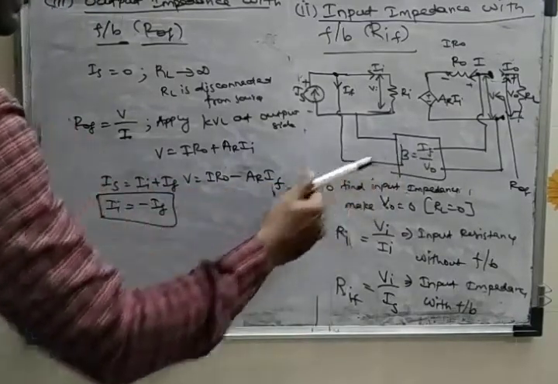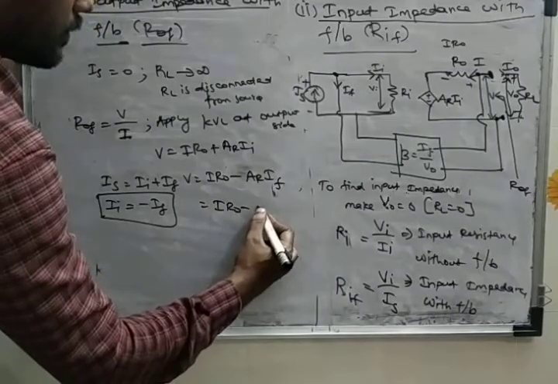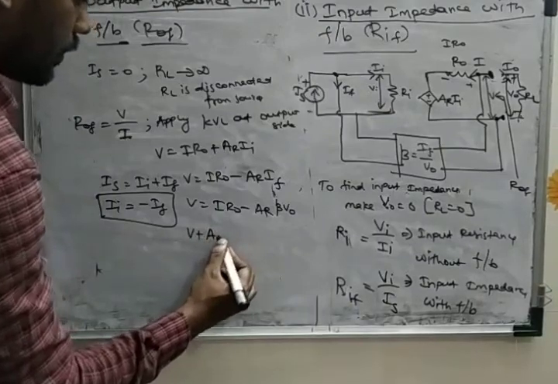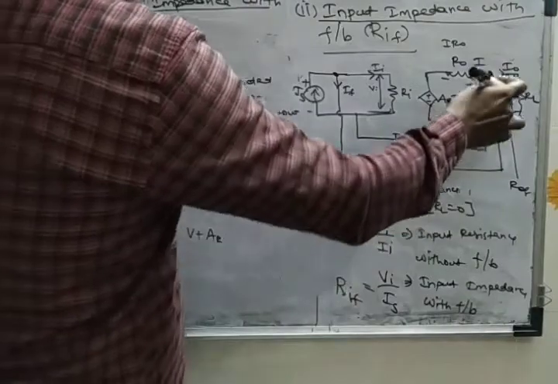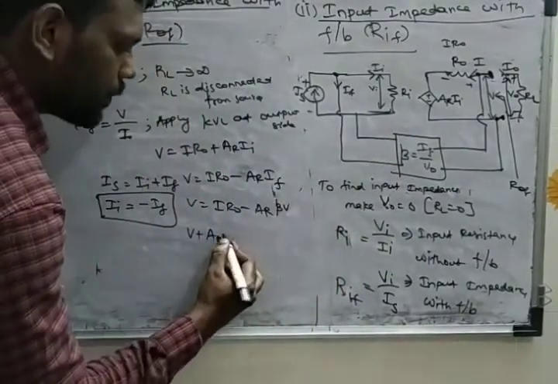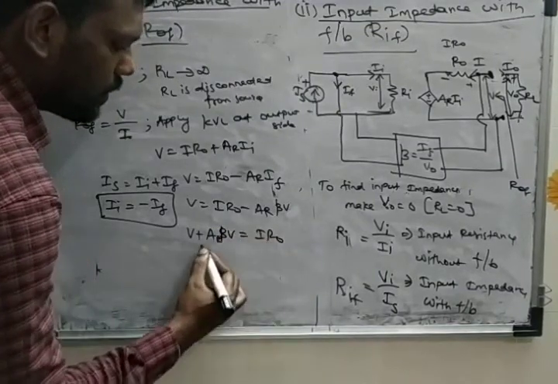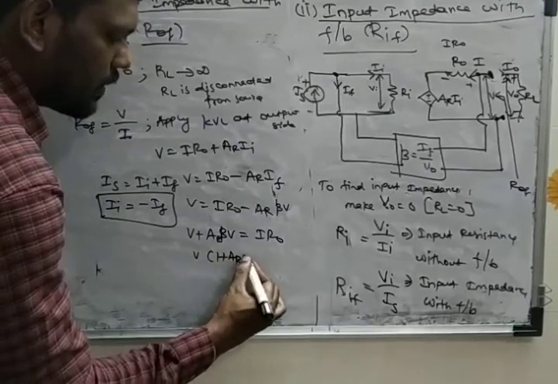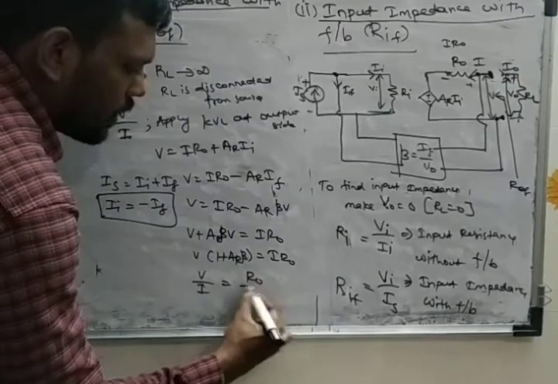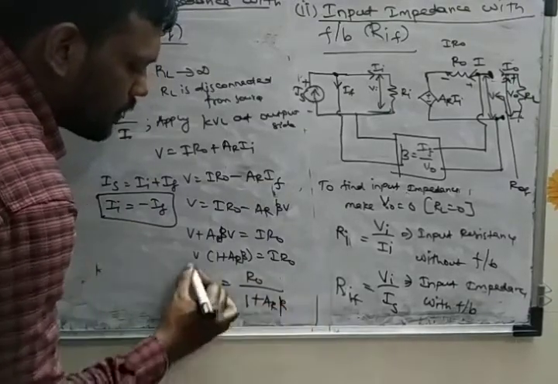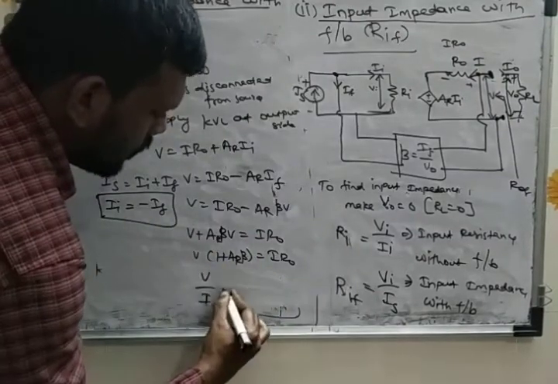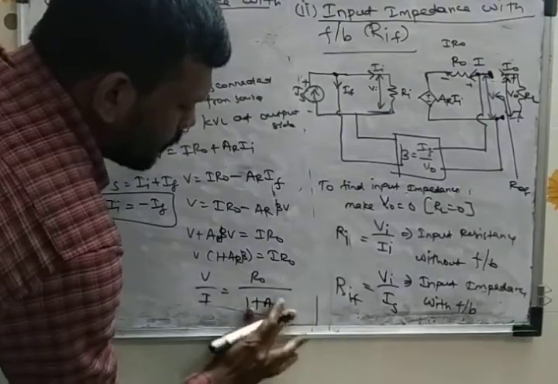Next replace IF with beta V0, and we are assuming V0 is V. So IF is equal to beta V. V is equal to I R0 minus AR beta V. Taking V common, V times 1 plus AR beta is equal to I R0. So V by I is equal to R0 by 1 plus AR beta.